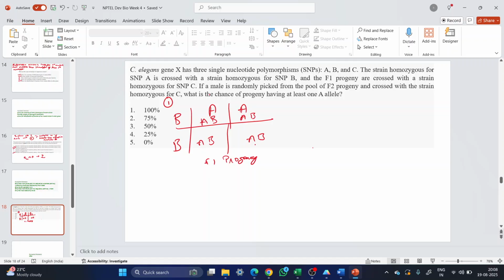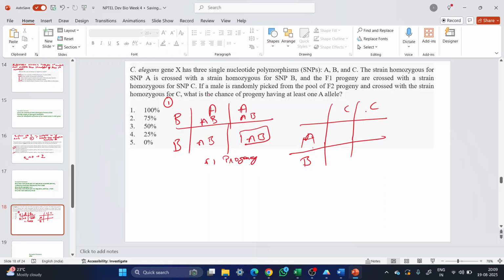So this is the F1 progeny, and this is crossed with CC. So this is C, and this is A and B. What they are saying is that the F1 progeny is crossed with a strain homozygous for SNP C, which means CC.